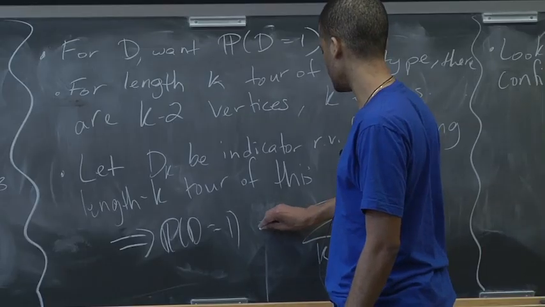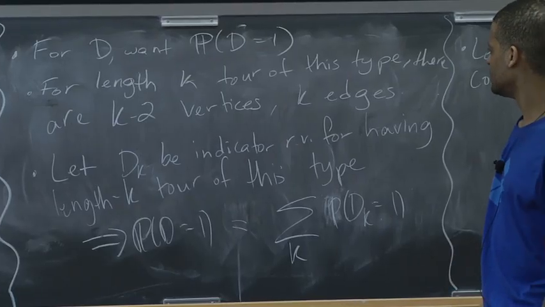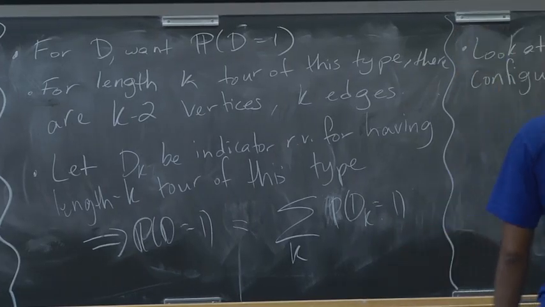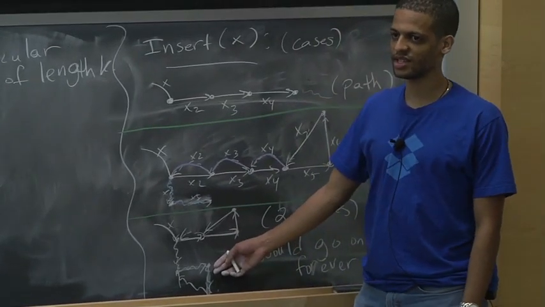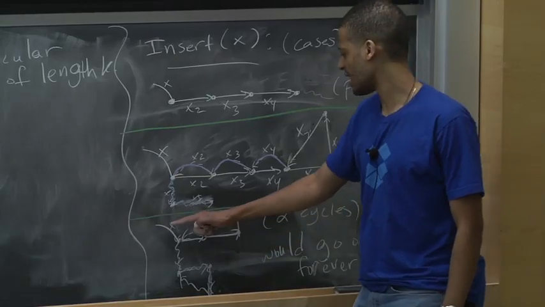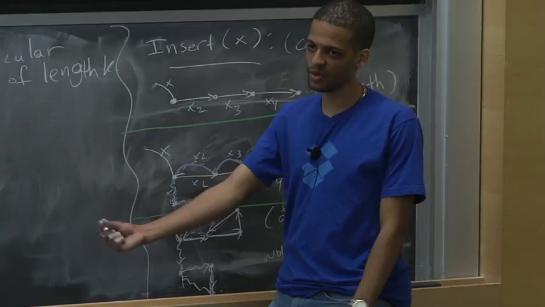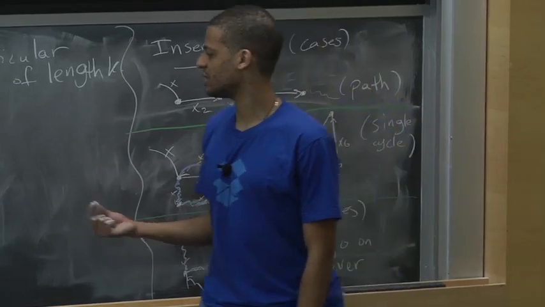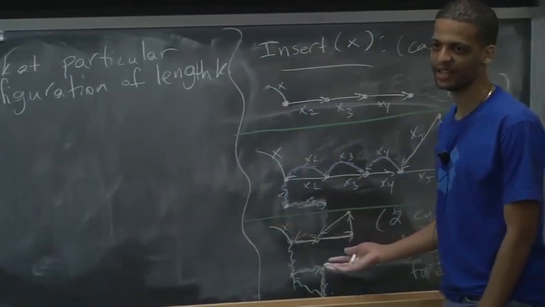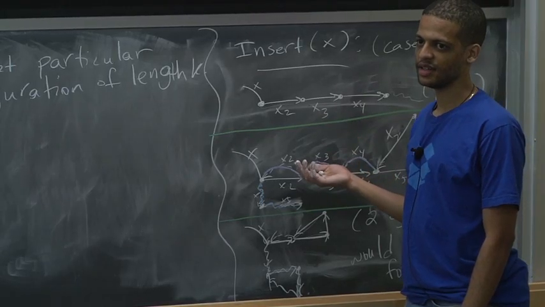But so the point is, D is the probability that we see a picture like this when we try to insert x, right? Where the kth step is exactly where you close the second cycle. So for D to occur, you have to have this picture for some k. So I'm just trying every possible k.